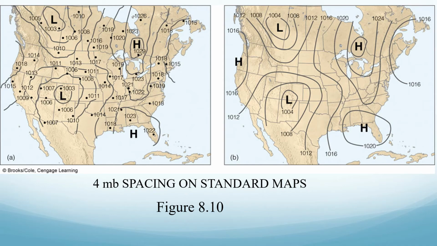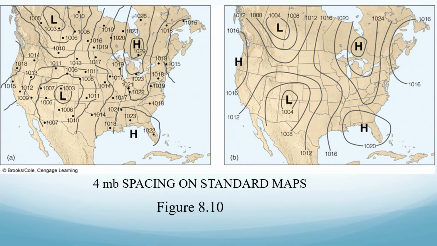The sea level pressure chart described so far we call a constant height chart, because it represents atmospheric pressure at a constant level. So atmospheric pressure at a constant level represented by any chart is called a constant height chart.